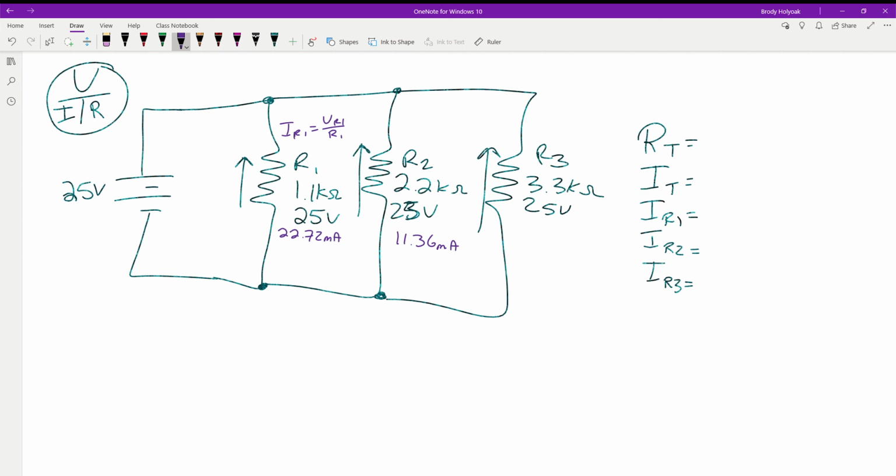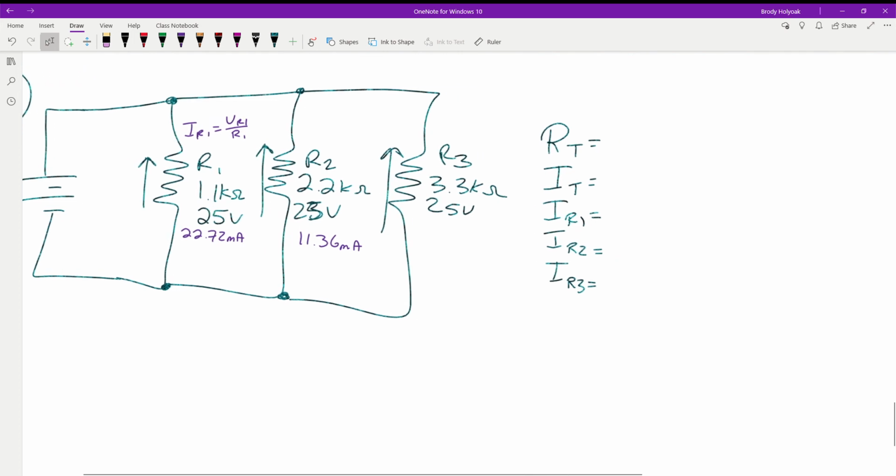Okay, so what did we notice here? Resistance went up, current went down. Even more noticeable, what happened to the resistance? It doubled. So the current went down by half. Exact same ratios. Okay, R3.